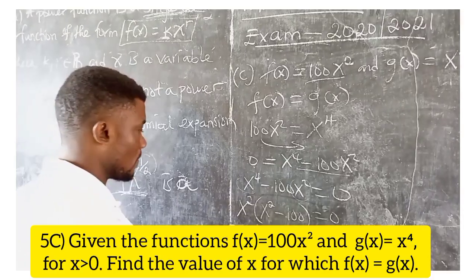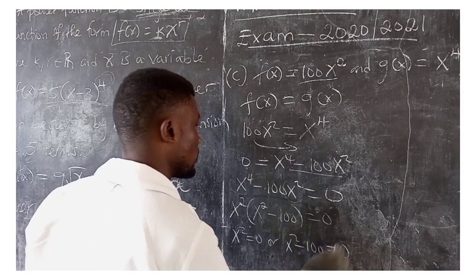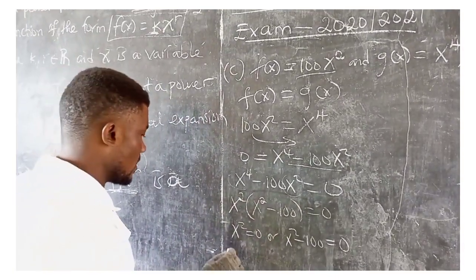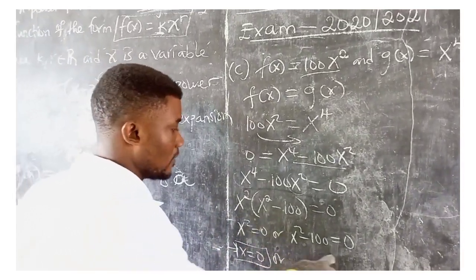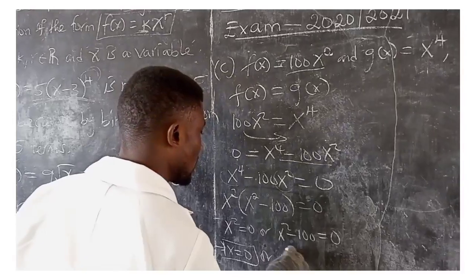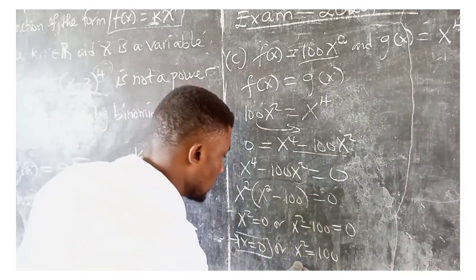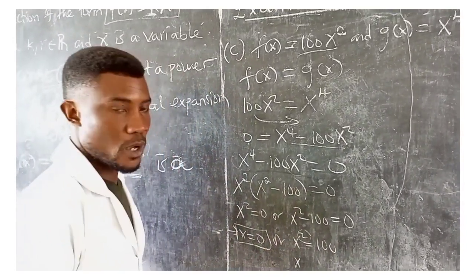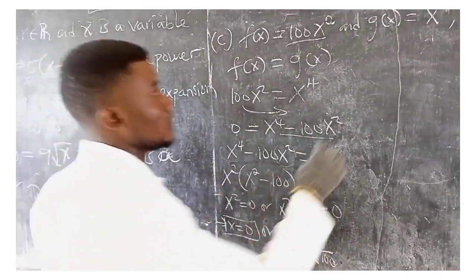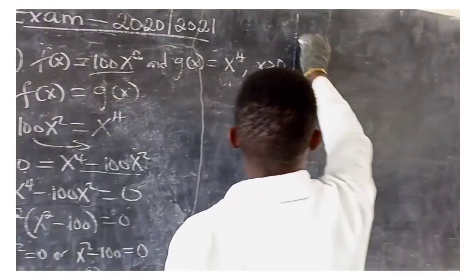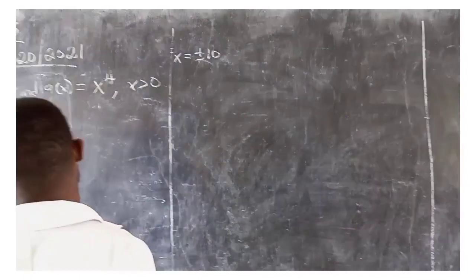By the factorization principle, it is either this is 0 or this is 0. So if this is 0, it follows that x is 0. Or if this one is 0, it follows that x squared is equal to 100 by taking 100 across. And then we will now remove the square by taking the square root of both sides. It gives us plus or minus the square root of 100, which gives us x as plus or minus 10.